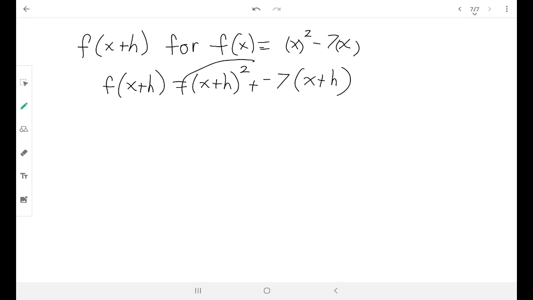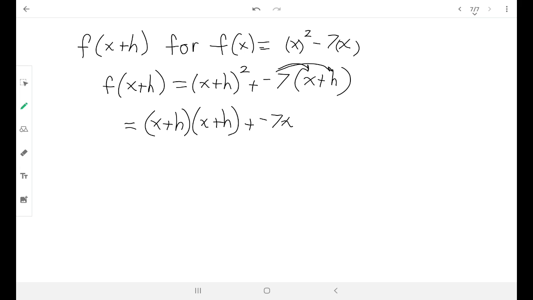Now the question is, how do you do this? Because you should know that this is just going to distribute. So how do you do that should be the real question. Well, x plus h squared, emphasis on the squared, means you're multiplying the thing by itself. So it's this thing times itself. We can do this distribution here at the same time. Negative 7x plus negative 7h.